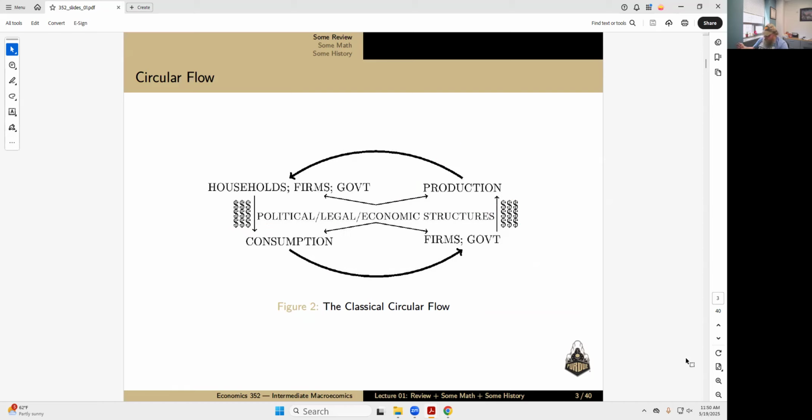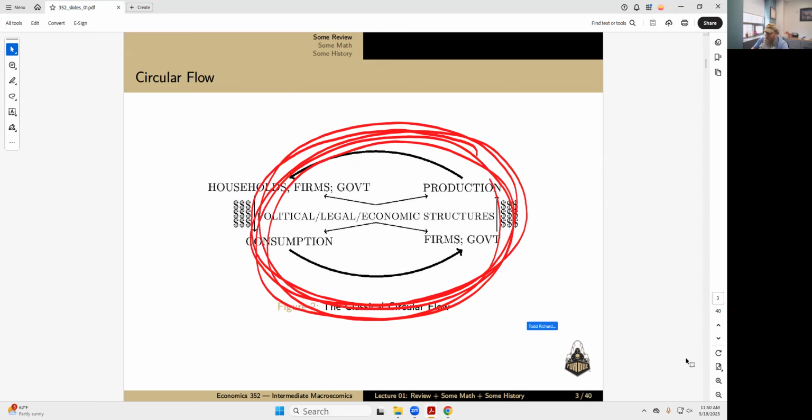Basically, the way we're going to think about economic systems is as a flow of economic activity circling between production and consumption. It's flowing, it's flowing, it's flowing. Sometimes the flow slows down, and sometimes the flow is a lot.